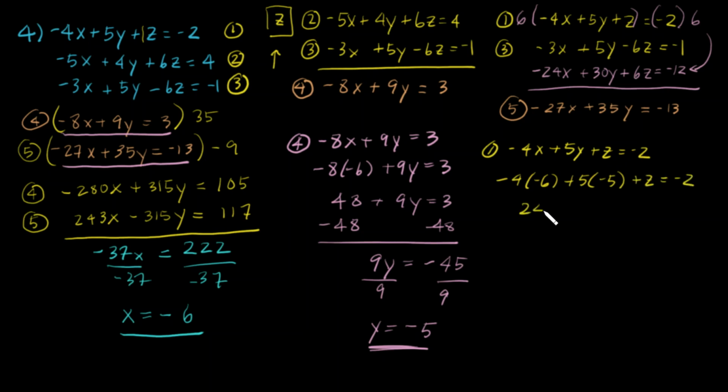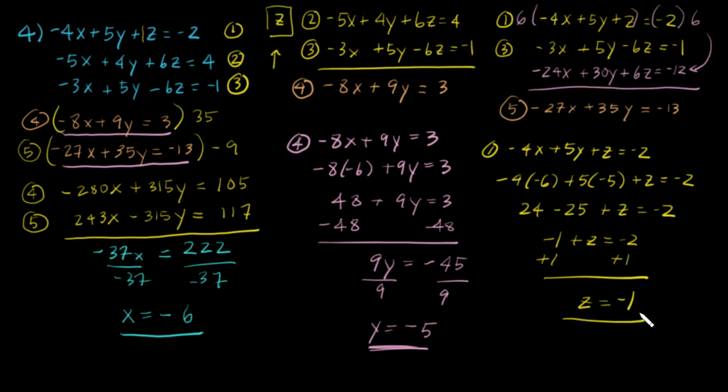So that's 24 minus 25 plus z equals negative 2, which is negative 1 plus z equals negative 2. Add 1 to it. So we have z equals negative 1. Look at that. Look how neat and beautiful that is. Well, my work is. I don't know about yours. Okay. So our final answer is negative 6, negative 5, and negative 1.